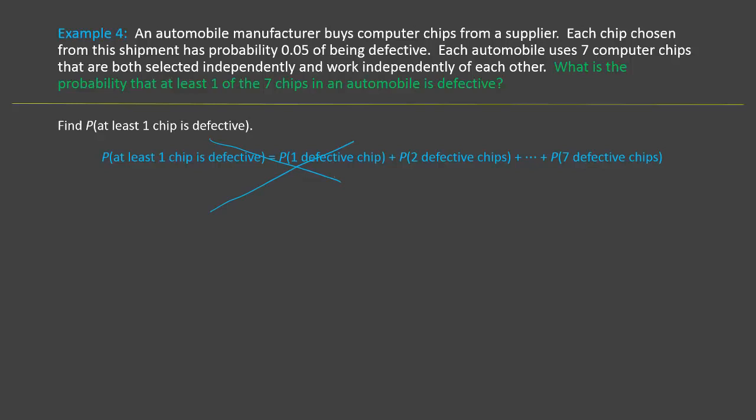Let's look at the event at least one chip is defective. At least one chip is defective is the complement or the opposite of none of the chips are defective. Therefore, the probability that at least one chip is defective is 1 minus the probability that none of the chips are defective.